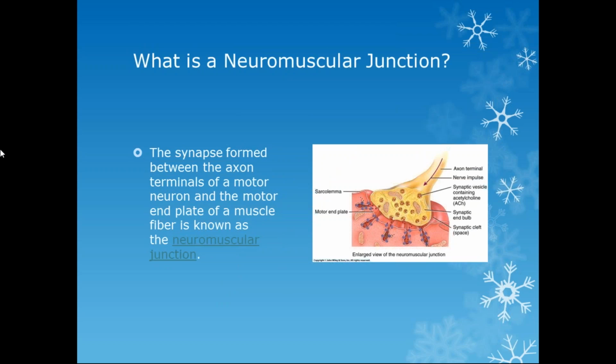The synapse formed between the axon terminals of a motor neuron and the motor end plate of a muscle fiber is known as the neuromuscular junction, which we also just talked about in physiology. So we have the A alpha motor neuron coming to the motor end plate of the muscle cell membrane, the sarcolemma, and there are receptors for acetylcholine.